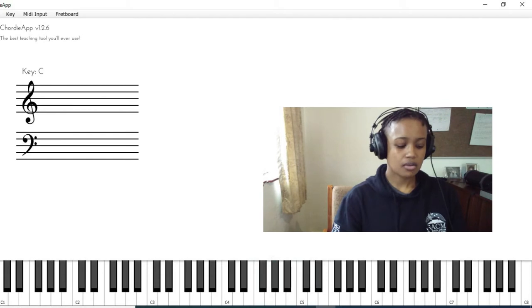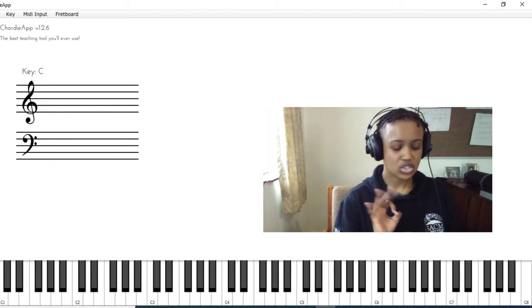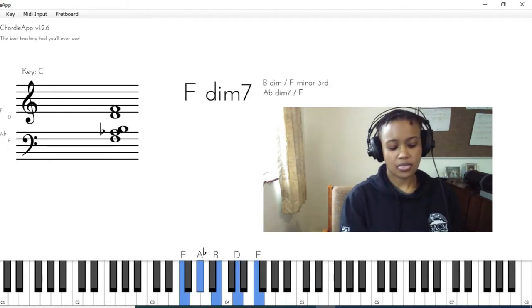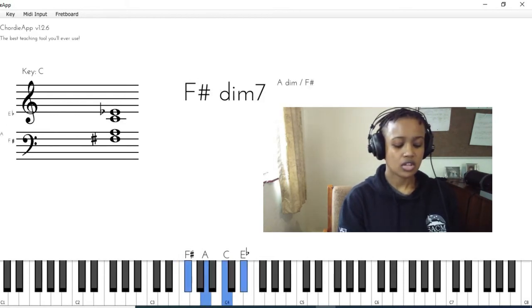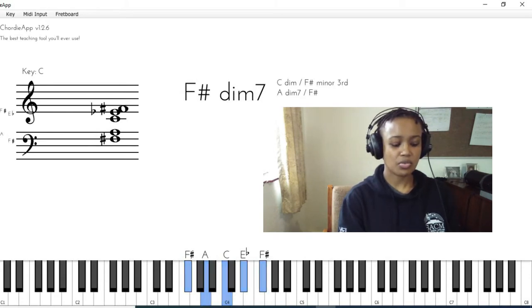Now, the next thing that you kind of need to know is that there are only 3 diminished chords essentially. If we are starting on F, we've got one that exists on F sharp here. Okay, I'll just add the tonic there on top again.